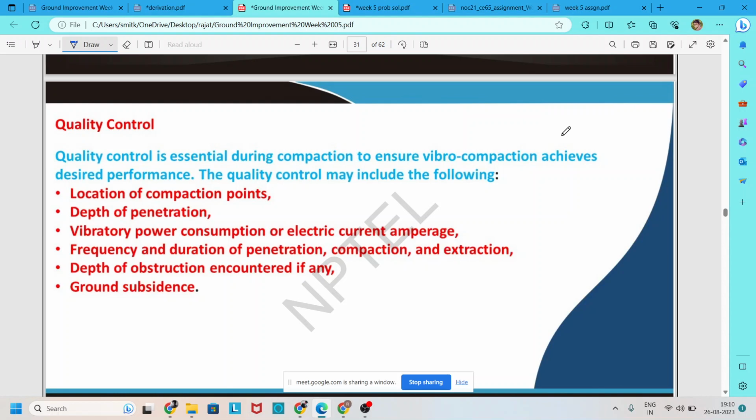So for quality control we need to check the location of the compaction point, and also the depth of penetration, up to how much targeted depth we need to compact. We also need to check the vibratory power consumption, the electric current.